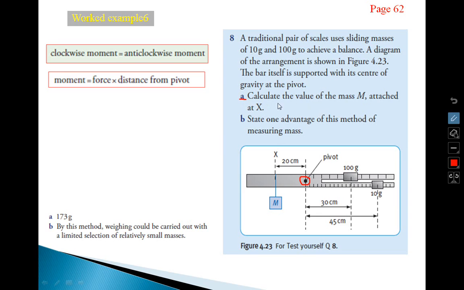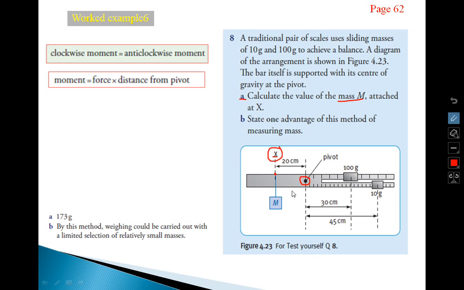Section A: calculate the value of mass M attached at X. X is not a force, be careful, X is a point, a distance from this mass up to the pivot.